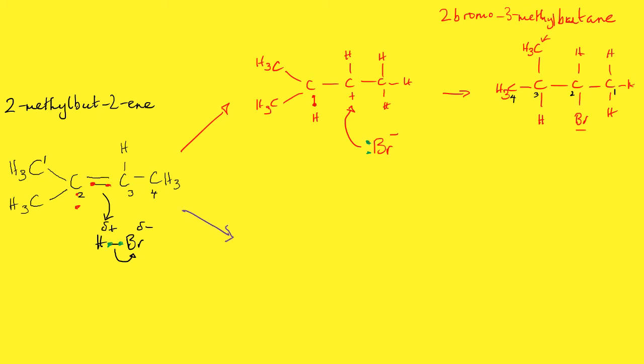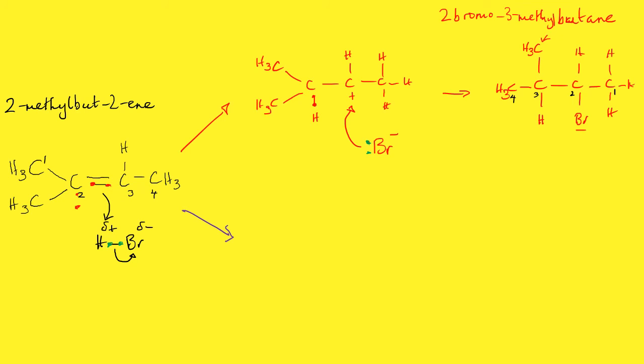Recapping what's happened. Hydrogen bromide has come close to our alkene molecule here, our 2-methylbutene, and the negative charge of the double bond has fancied a bit of the positive charge of the hydrogen in the hydrogen bromide, and it's attacked.